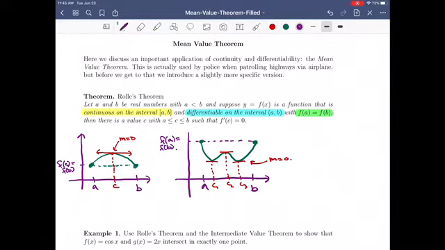Now notice if you don't have differentiability, so I'm going to write here, not differentiable on the open interval, then you could have something that looks like that.